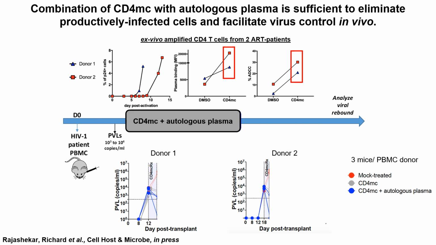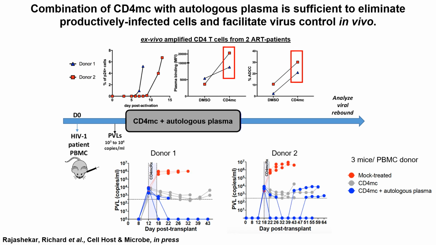3 mice per PBMC donor were either treated with CD4 mimetic alone in gray or in the combination of CD4 mimetic and autologous plasma in blue. You can see that treatment with CD4 mimetic alone significantly reduced viral load, but we detected viremia in all treated mice.